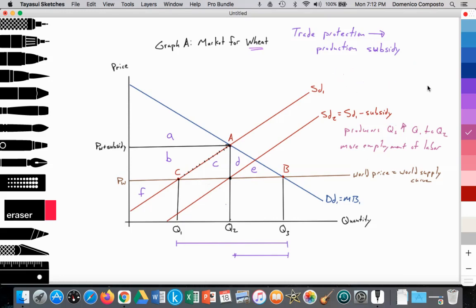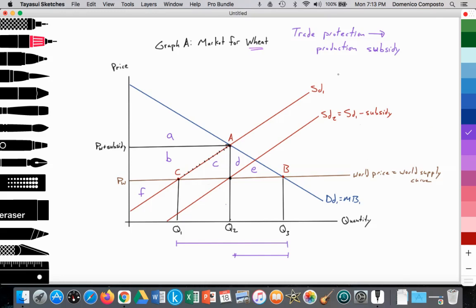Now let's look at the government as a stakeholder. Okay, I think that was the fourth point. The national government, how do they do? They have to pay for the production subsidy, so they have to provide an amount of spending by the government, the tax revenue being spent to provide subsidies to farmers.